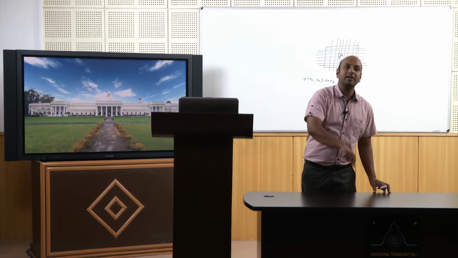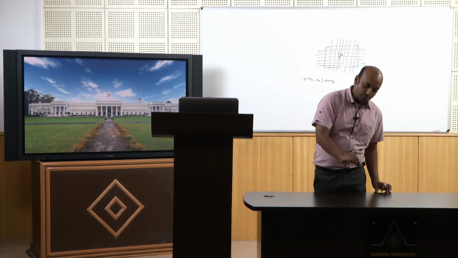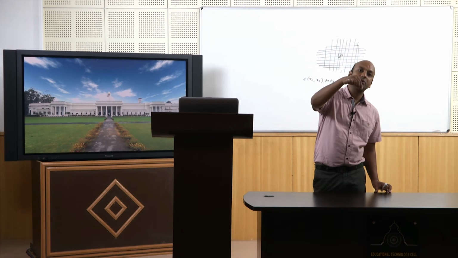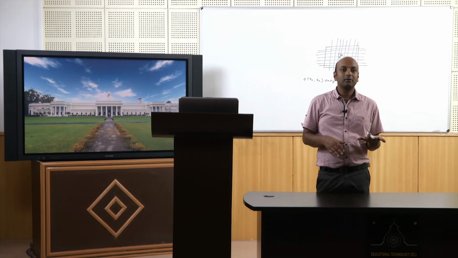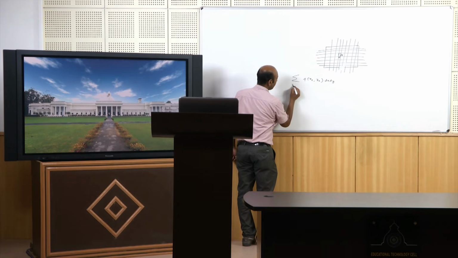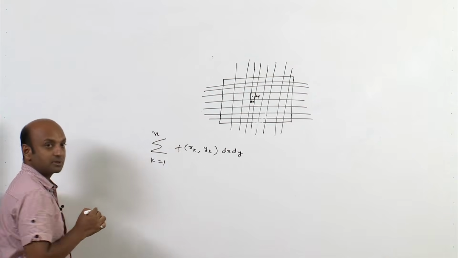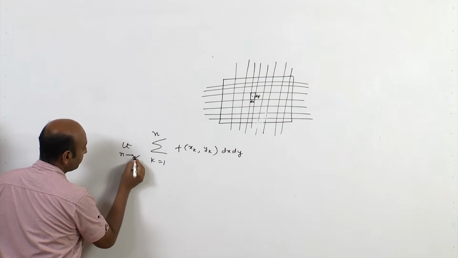So f into dx dy will give the volume of that small portion, and you sum it up over the entire rectangle, k from 1 to n, say n number of strips.